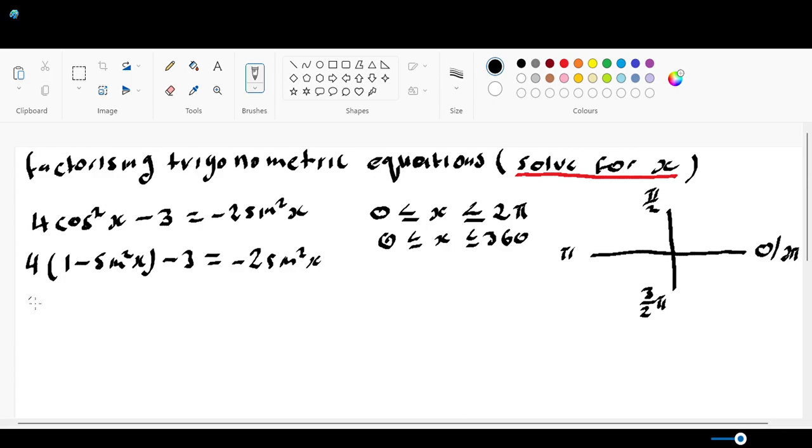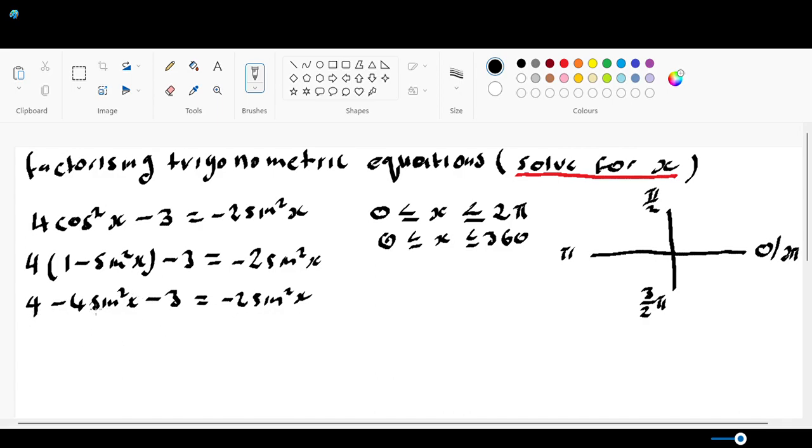So from here we remove the brackets. When you remove the brackets, you're going to have 4 minus 4 sine squared x minus 3, and that is equal to minus 2 sine squared x. Right, so we can group the sine squared terms together.